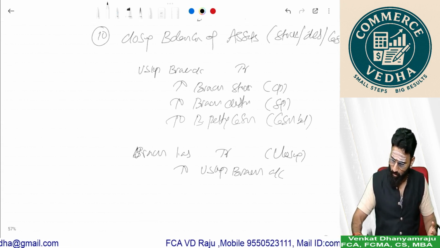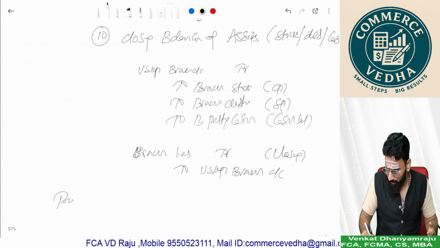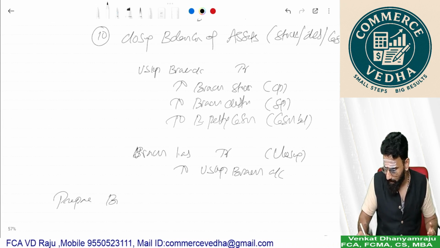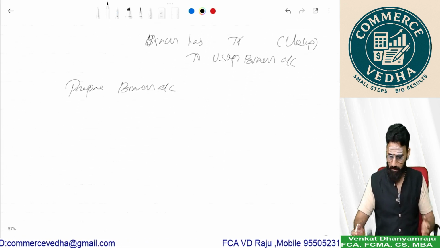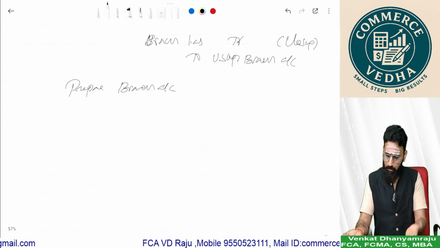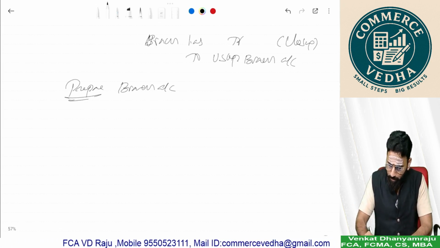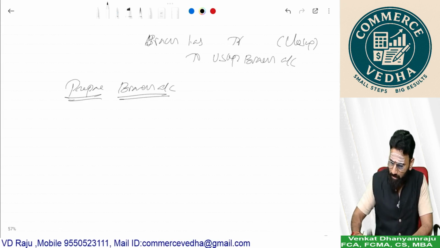Now, what we should do is prepare the branch account. Right. All the entries you prepared, right? Prepare the branch account. Once you prepare the branch account, what will happen? The branch account looks like this.